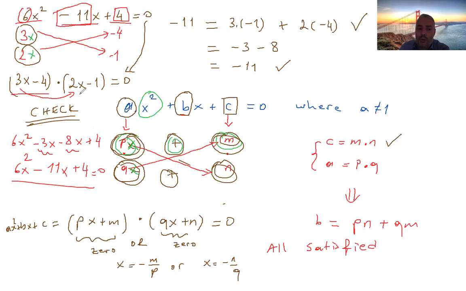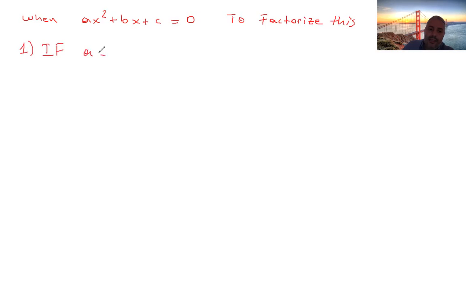Okay, so we are done. So just all in one, let me explain. When ax squared plus bx plus c is equal to 0, to factorize this, first, if a is equal to 1, we have x squared plus bx plus c equals 0.